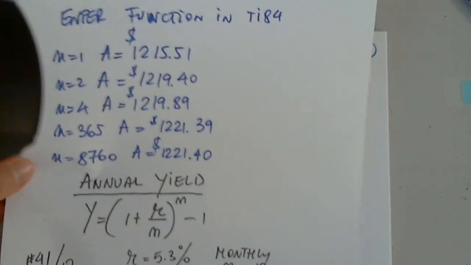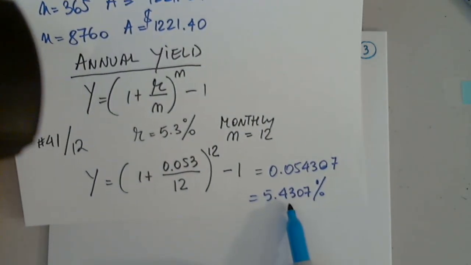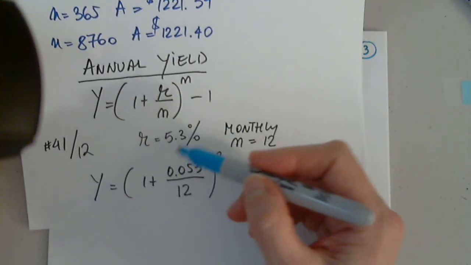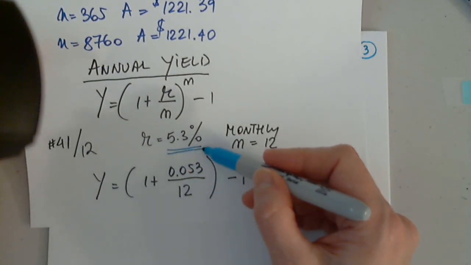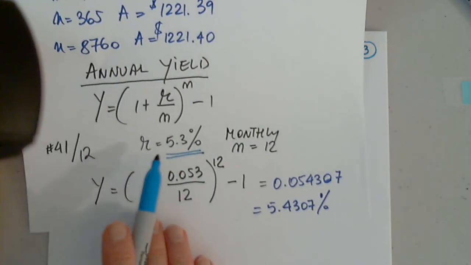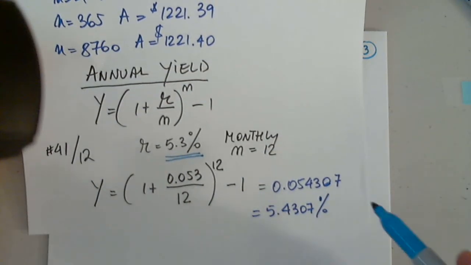So on annual yield, we always put it in percent. Say it again. When we're calculating the annual yield, we always convert the answer to percent. Because it was given, very good question. Because it was given to us in percentages, I don't want to compare 5.3% with 0.053. You understand?